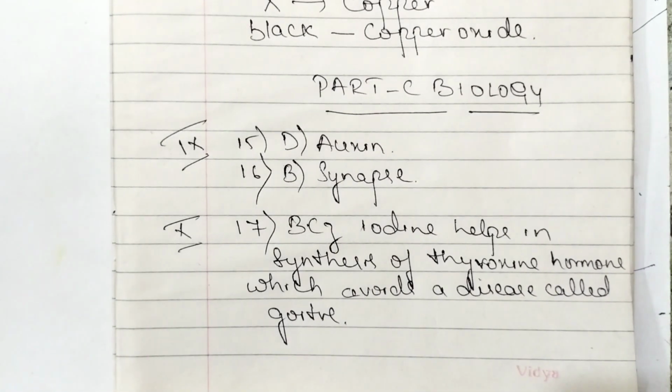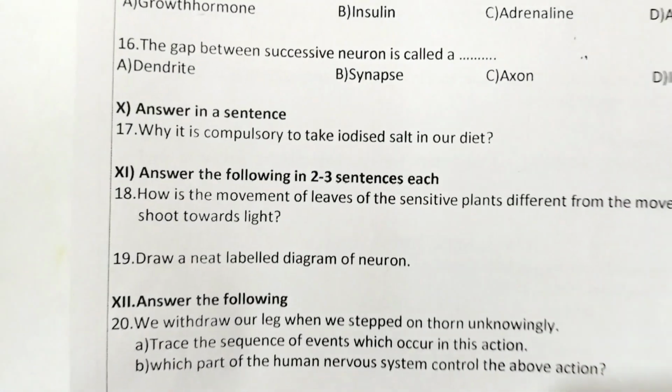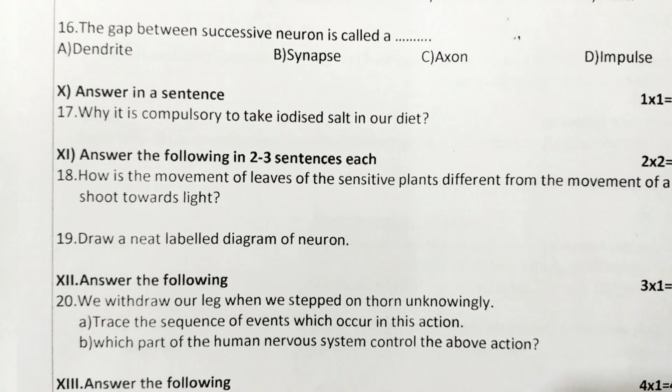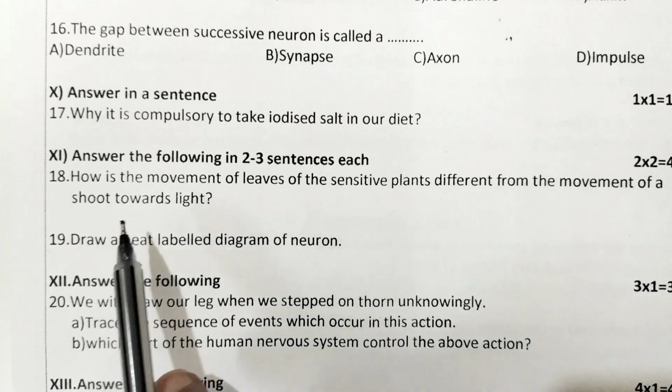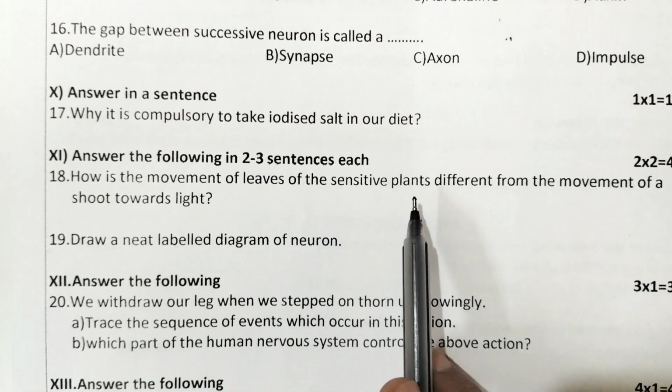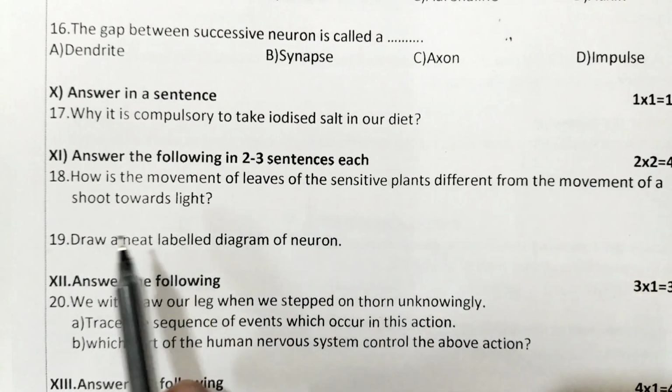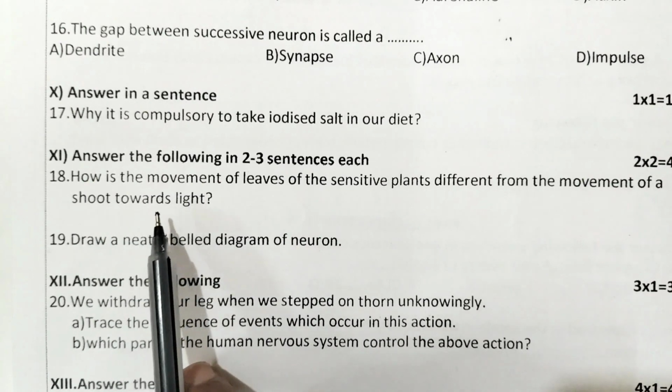Now let us move to the 18th question. In the 18th question they have asked how the movement of leaves of the sensitive plant is different from the movement of a shoot towards light.